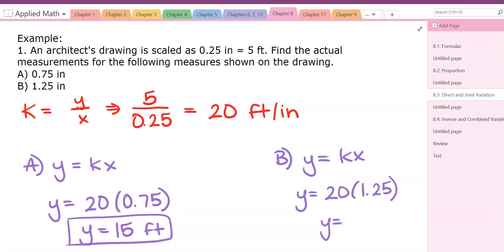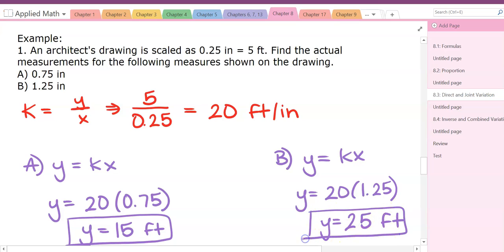All right, what'd you guys get here? Good, 25. So 1 1/4 inch on my drawing would be 25 feet in real life if I went there.